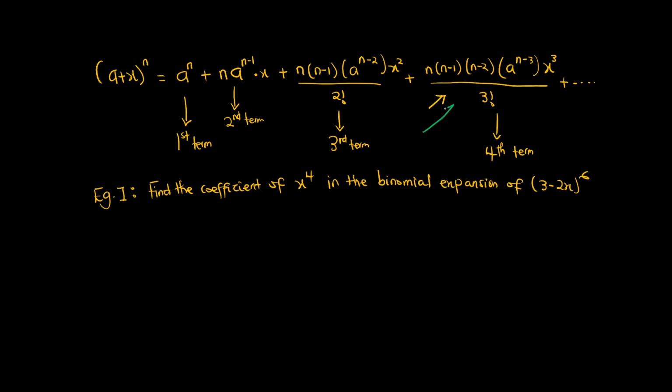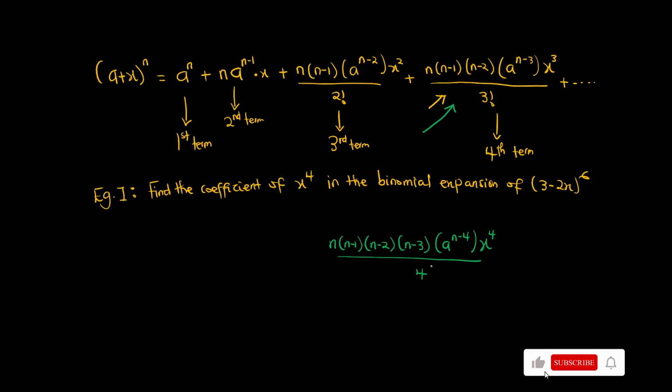So from this expansion, the next one will be n minus 1, n minus 2, n minus 3, n minus 4, because this was minus 3, so here it will be minus 4. Then we have x raised to the power 4 all over what? 4 factorial, because this was 3 factorial.